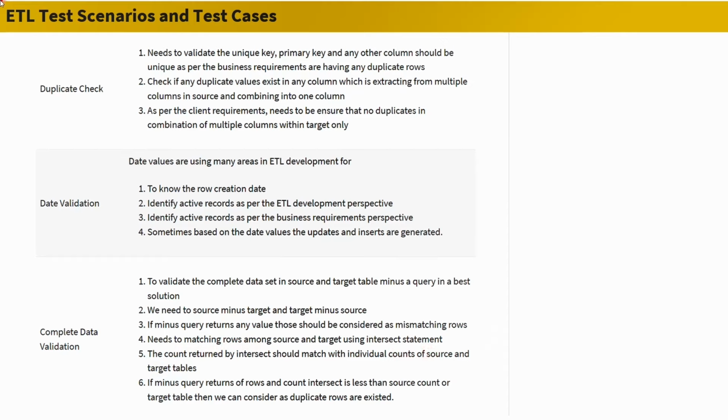The most important thing is you can also validate that the count returned by intersect should match the individual counts of the source and target tables. And if a minus query returns a row and the intersect count is less than the source or target table count, then we also need to consider it a duplicate row.